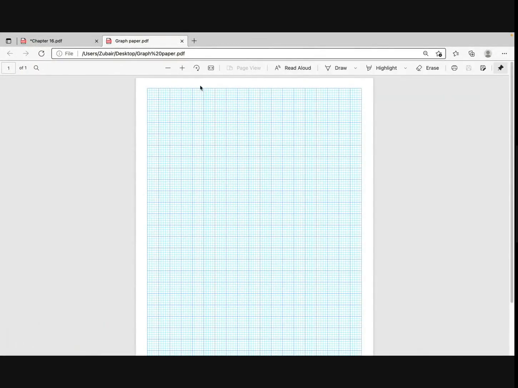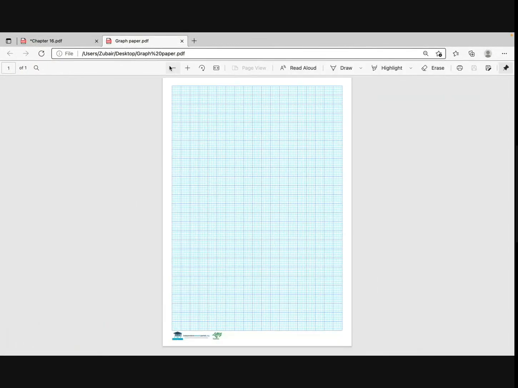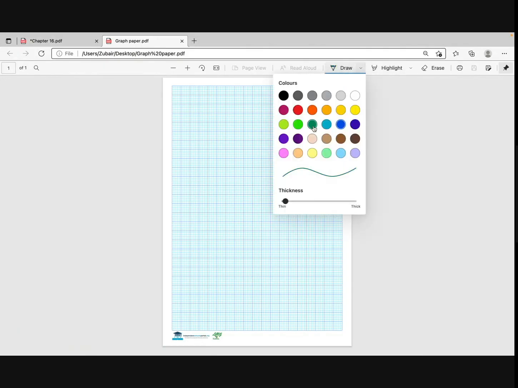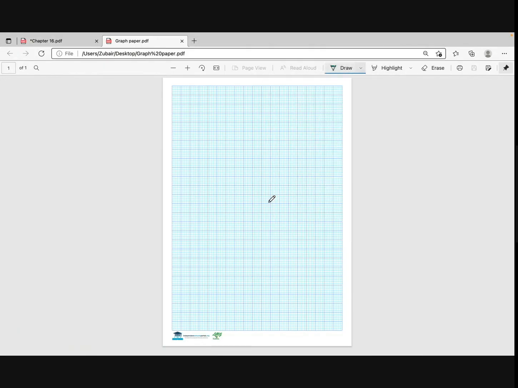Okay. So we now have a graph paper. We use a different color.